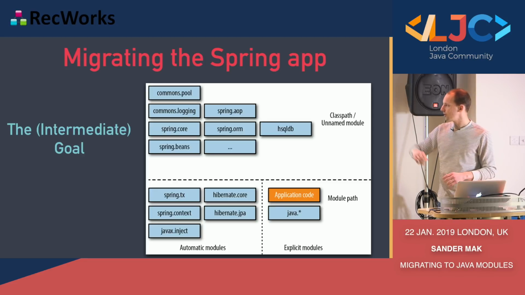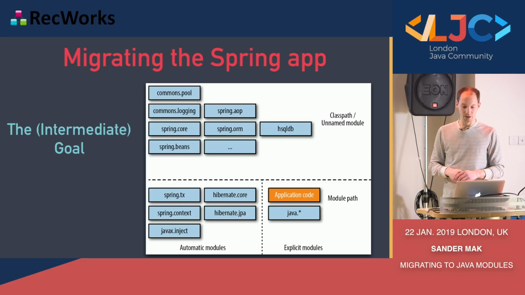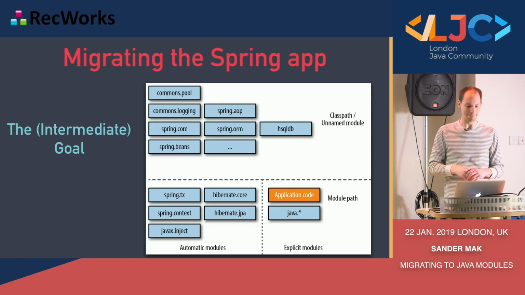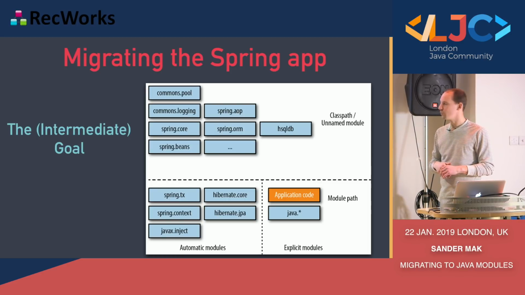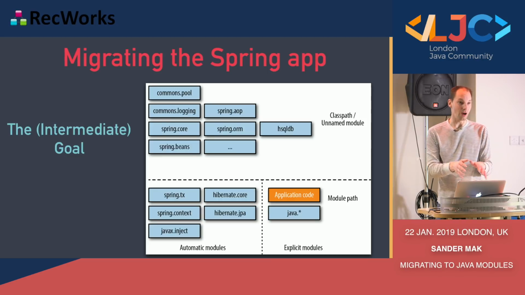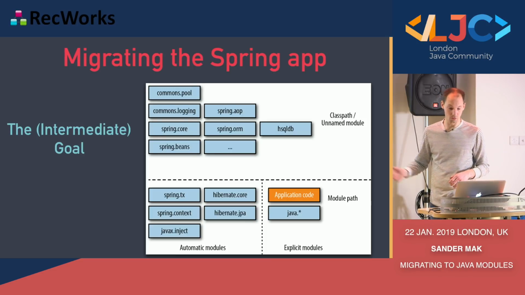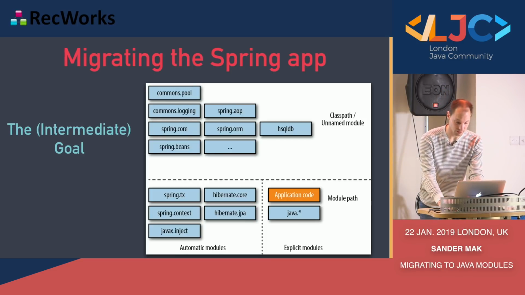So what we'll see is that some of our dependencies will become automatic modules. We'll also leave a lot on the class path still. The libraries that we put on the module path will be the libraries that we have direct dependencies on from the code in our code base. So the types that we actively use will need to become automatic modules.